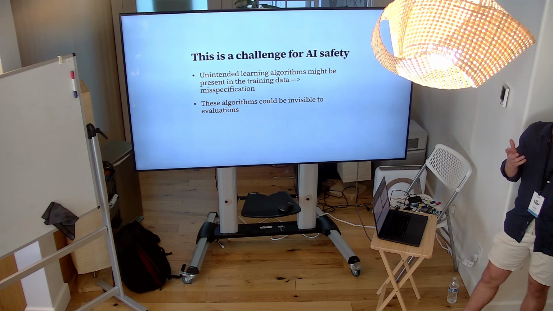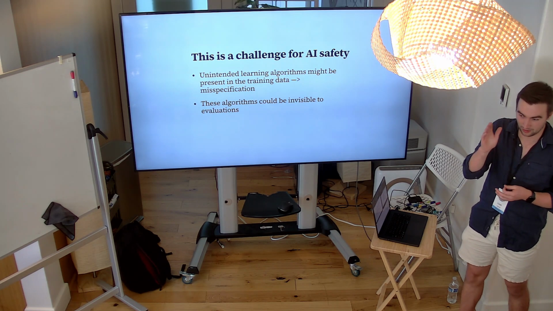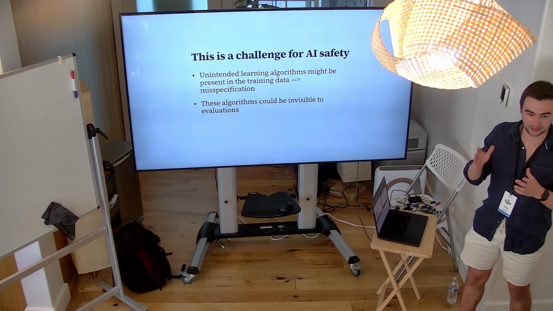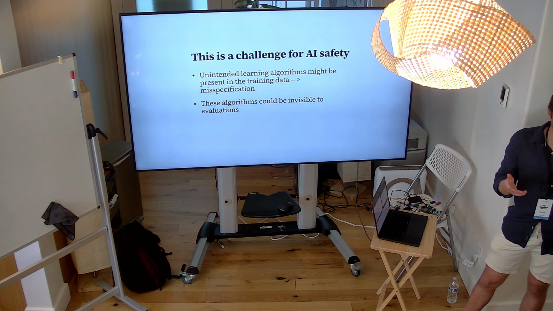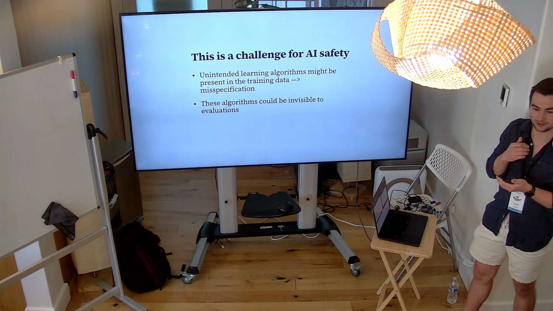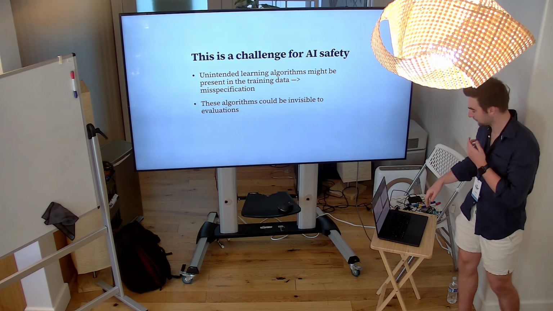This is a big concern within AI safety, just because you've seen that the model performs on a set of data in a certain way. Does that mean that it's always going to perform in that way, or are there actually algorithms lurking underneath that could be exploited in various ways?